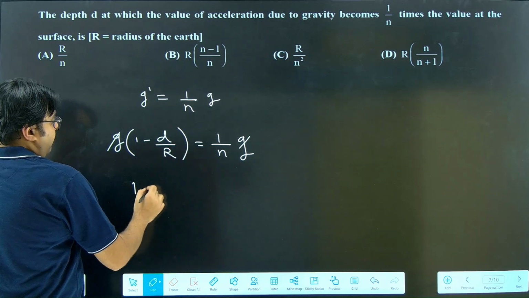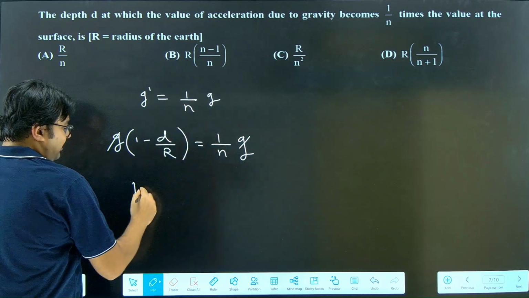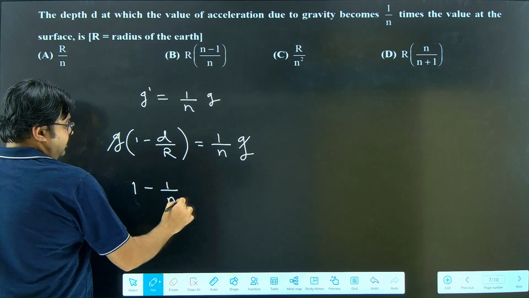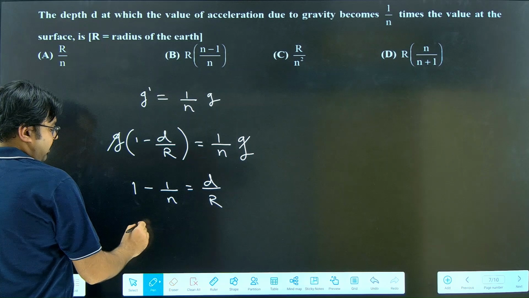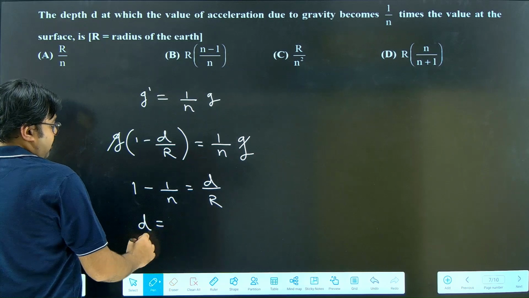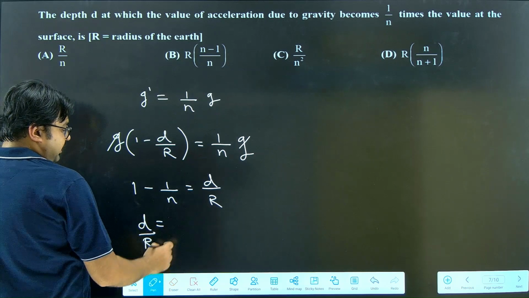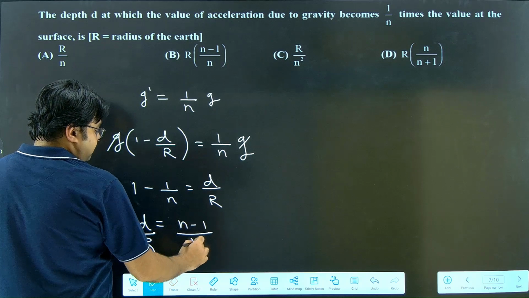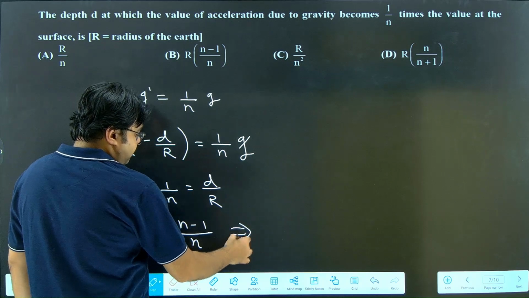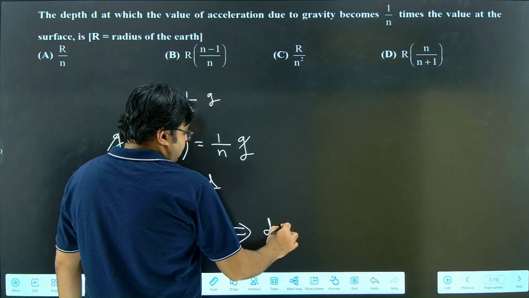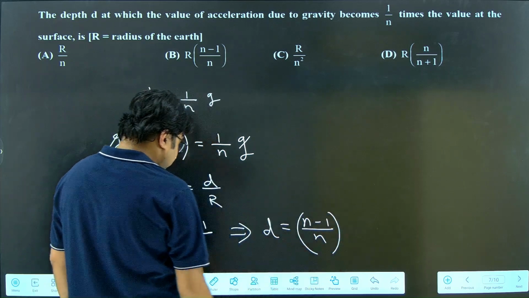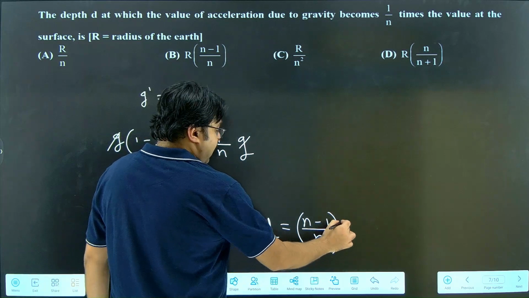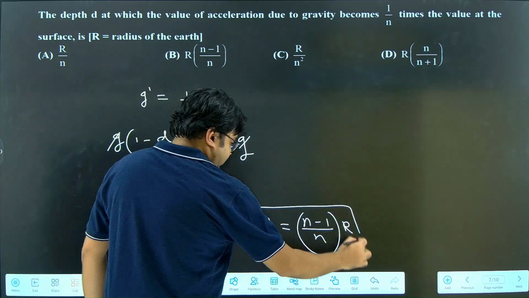Then 1 minus d by R will go this way, and you can get 1 by n to this place. You will have d by R on the left hand side, and what you have on the right hand side now is n minus 1 divided by n. So this simply implies that the depth d is n minus 1 divided by n multiplied by R, which is the radius of the earth.